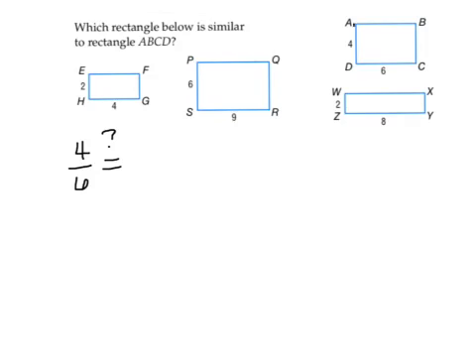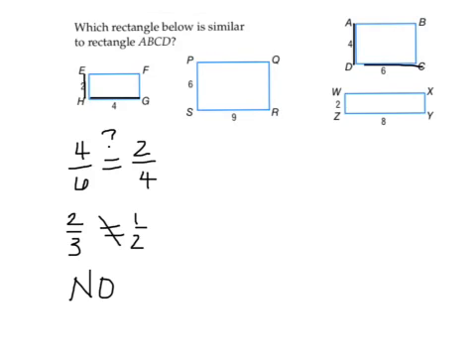Since I wrote the 4 first, I'm going to do the corresponding side, which would be the 2. And then here we've got the 6, so I'm going to do this corresponding side, which would be 4. So my question is, now that you've got it written out, does 4/6 equal 2/4? Well, if we simplify each of these, I would simplify 4/6 to be 2/3, and then I would simplify 2/4 to be 1/2. Obviously, those do not equal each other, so no, this first shape is not proportional. It is not similar.